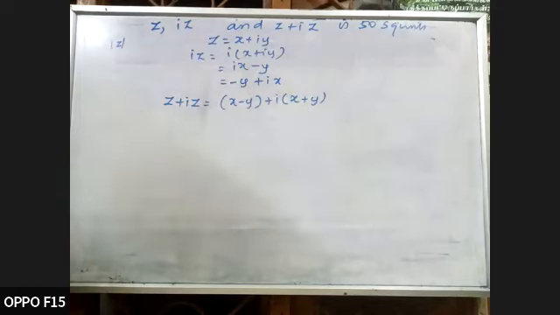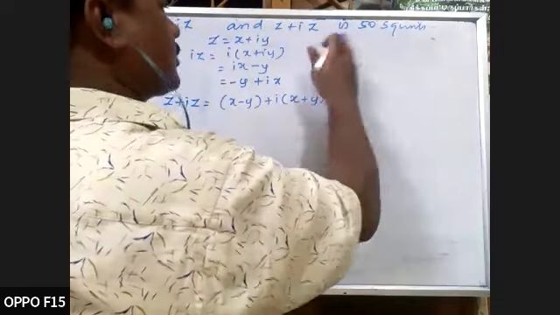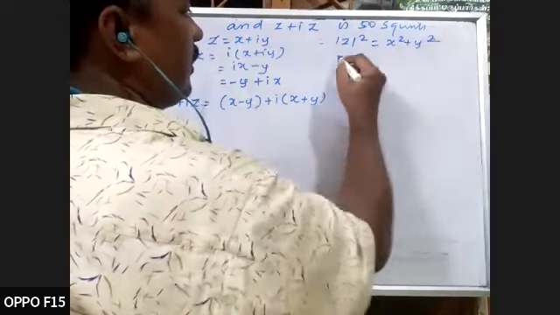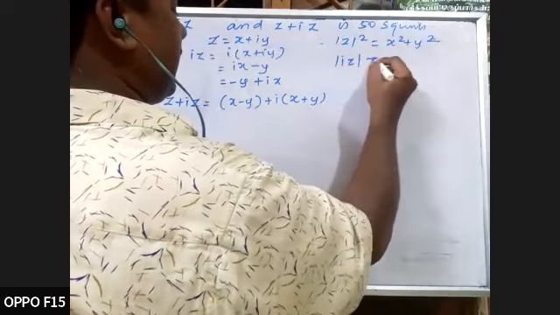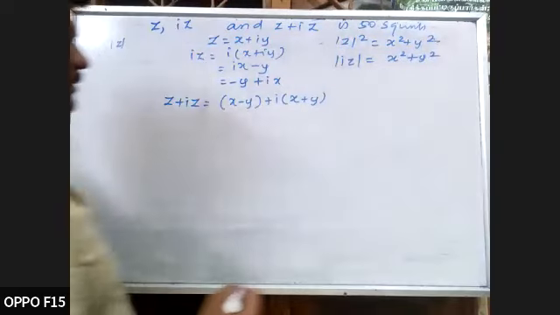So z plus iz equals x minus y plus i(x plus y). Now take modulus of z squared; the value is x square plus y square. Modulus of iz squared is also x square plus y square.